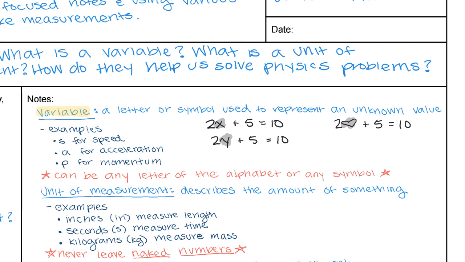So we use S for speed, A for acceleration. Sometimes we get a little bit funky and we use letters like P for momentum. That's usually when another letter is already taken. In physics, we use a lowercase m to represent mass, so we had to resort to P for representing momentum.